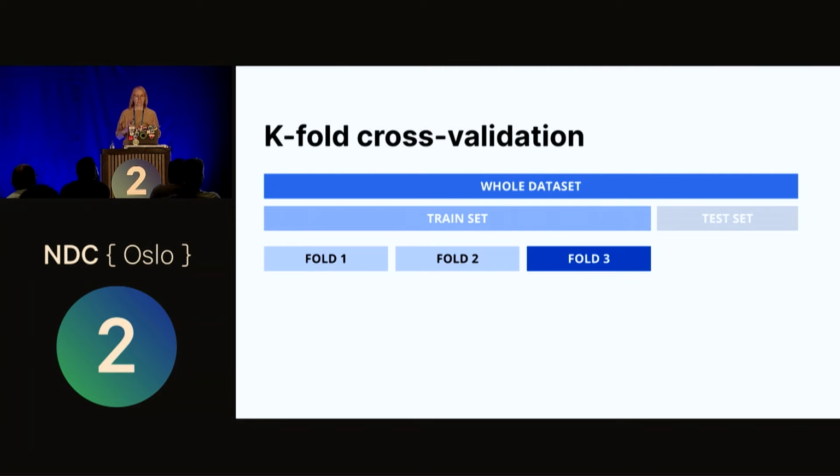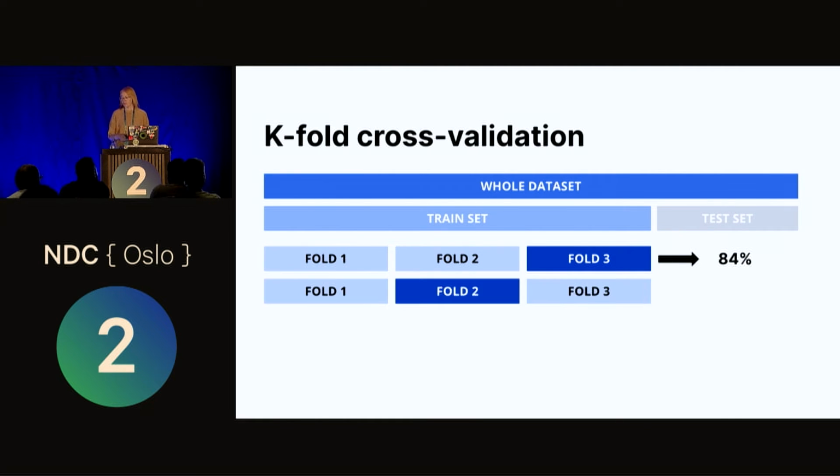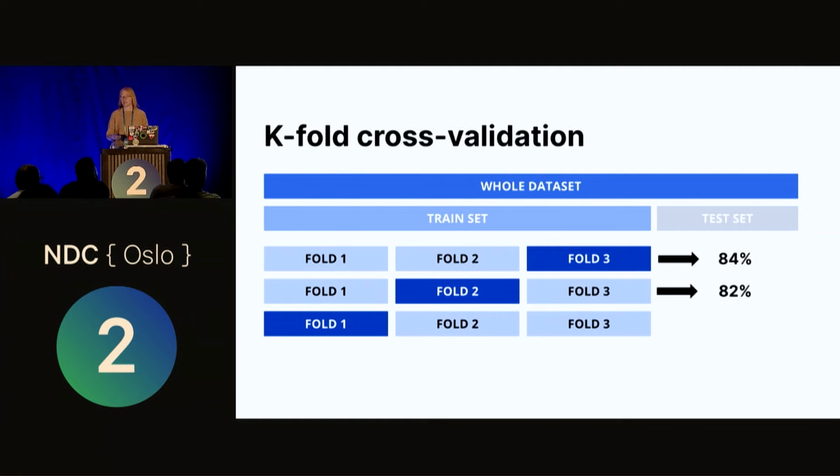We then set aside one of these folds as our validation set, and we train on the other two. So we train the model on folds 1 and 2, and we test it on fold 3. We then repeat that exercise, leaving out a different fold each time. So what we end up with for every single model is k different performance metrics because we've trained that model k times.